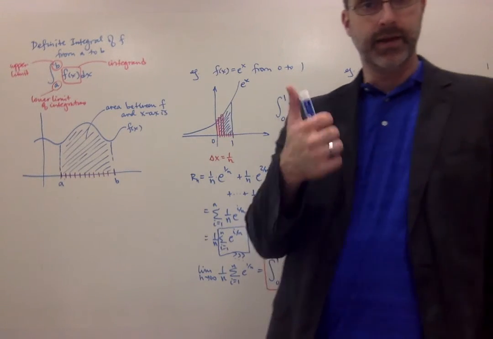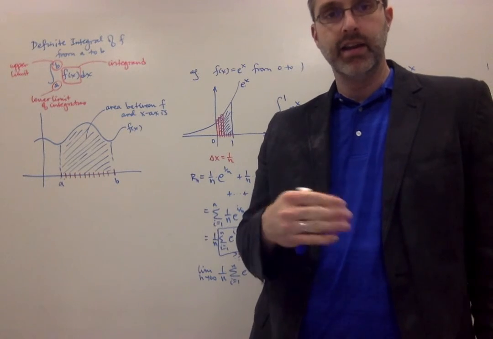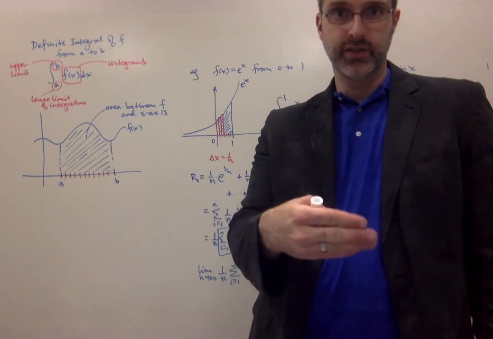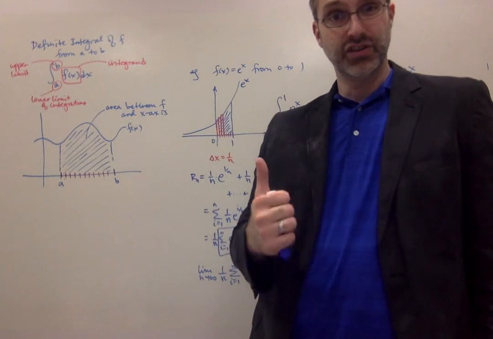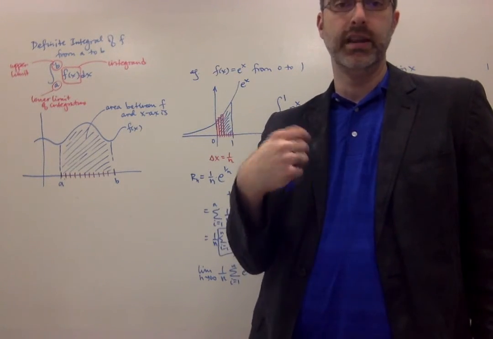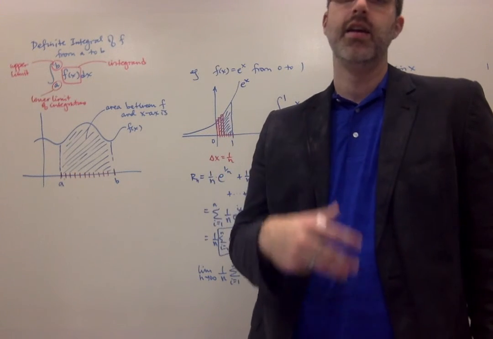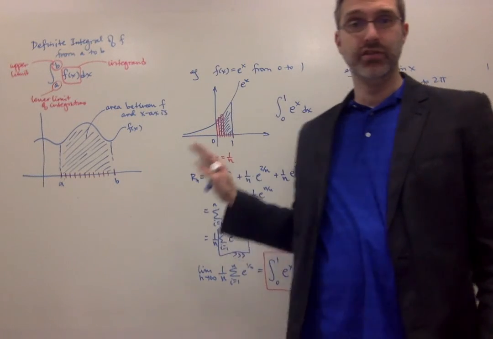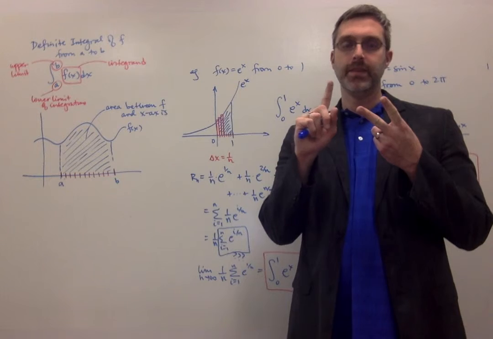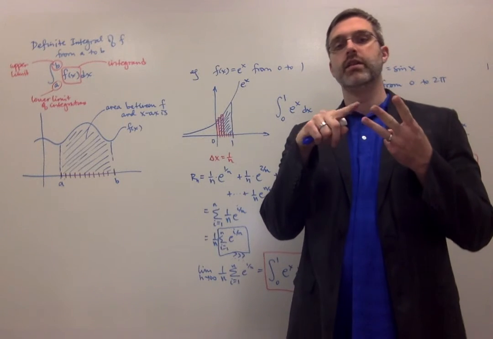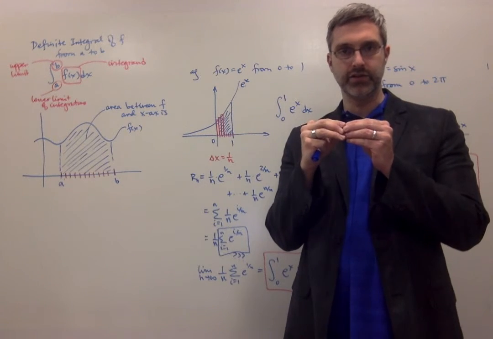So number one, kind of like if you remember when we did derivatives, if I say use the definition of the derivative, you have to do a limit. In the same way, if I say use the limit definition of the definite integral to calculate this area, you have to do this step-by-step process. You have to cut it up into n pieces, draw the rectangles, write down the areas, get it into sigma notation, and then take a limit.